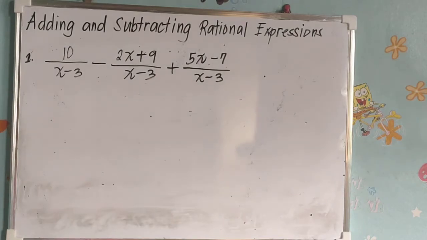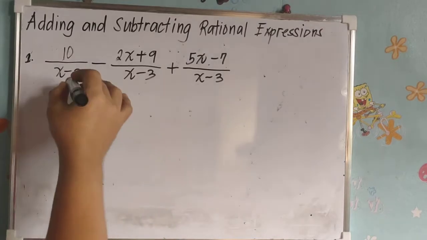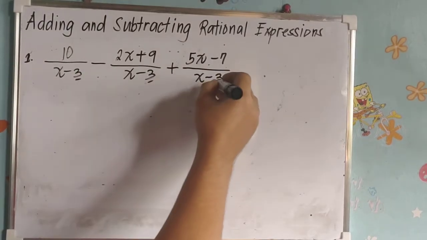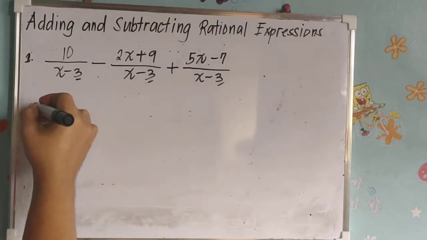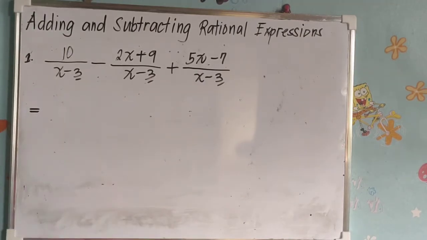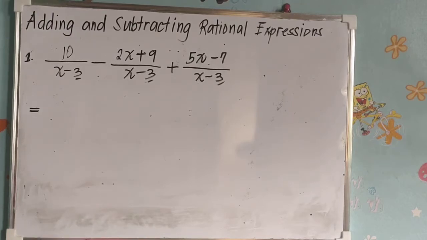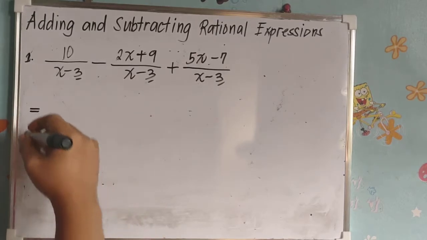So again, we have similar rational algebraic expressions since we have a common denominator, which is x minus 3. So what we are going to do is simply add or subtract the 3 numerators and simply copy the common denominator, which is x minus 3.